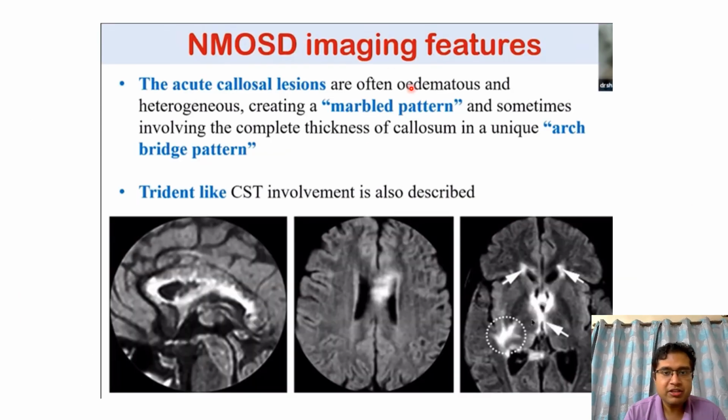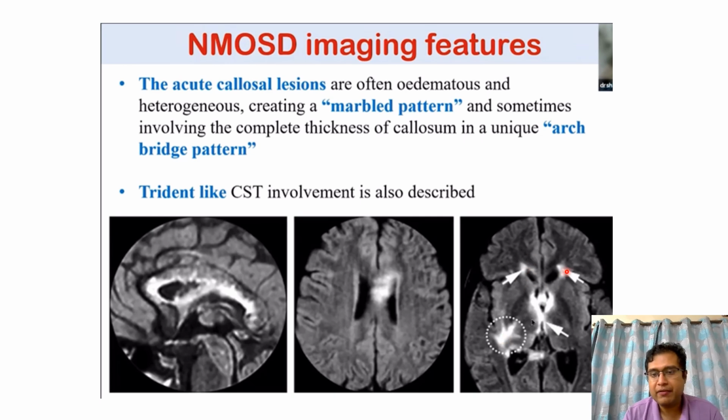So NMOSD imaging features typically include acute callosal lesion, which often are edematous heterogeneous, giving a marbled appearance. So this is the marbled appearance of the corpus callosum in NMOSD, along with this arch bridge pattern, that is crossing of the corpus callosum, arch bridge pattern of appearance is also seen, along with the trident like hyperintensity in the corticospinal tract.